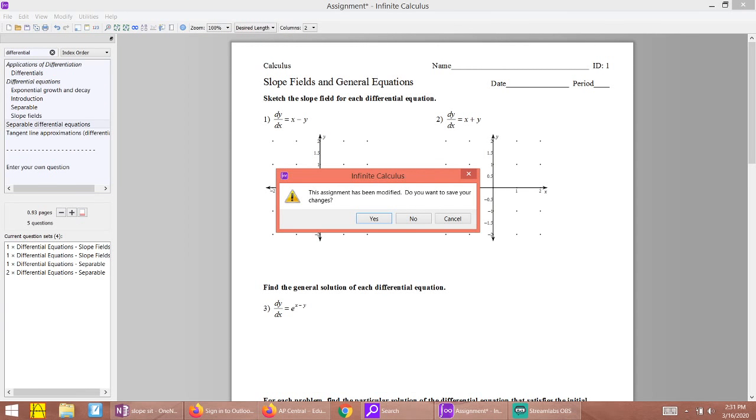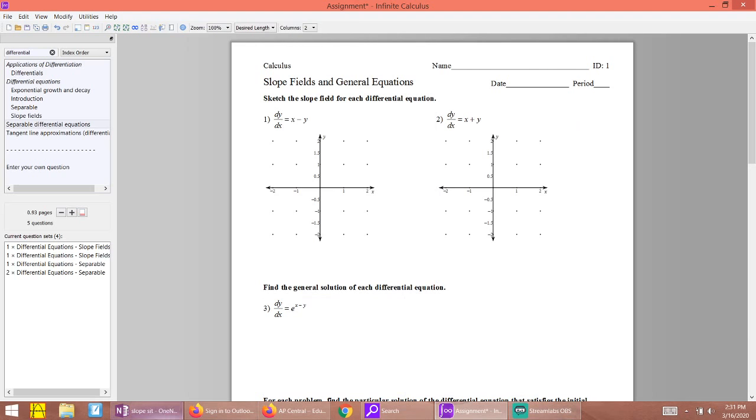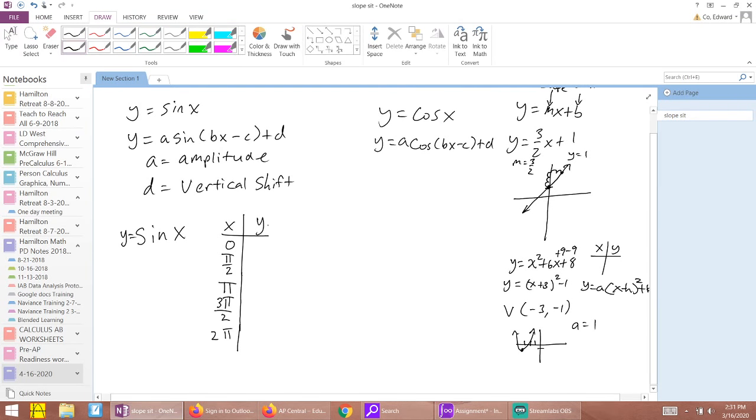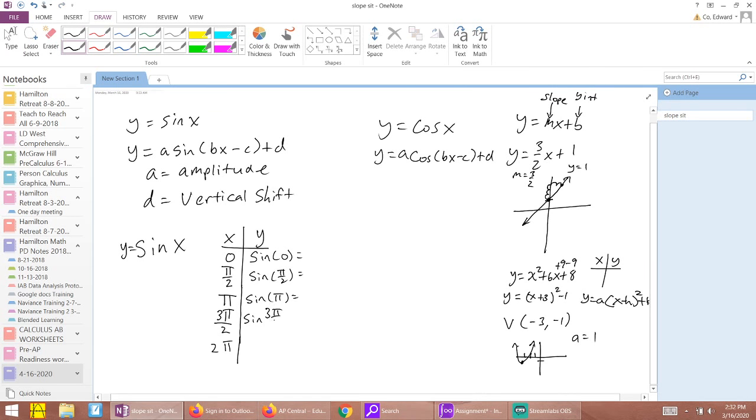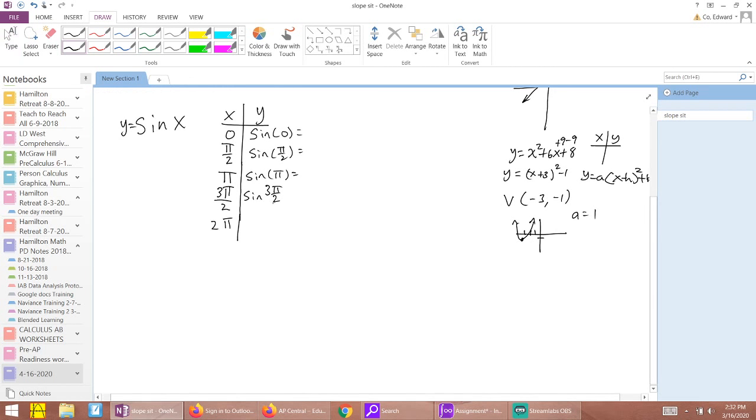So you're plugging in sine of 0 on your calculator, then sine of pi over 2, then sine of pi, then sine of 3 pi over 2, and then sine of 2 pi on your calculator.